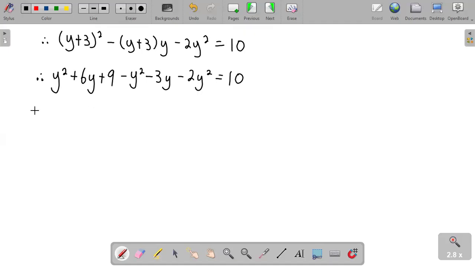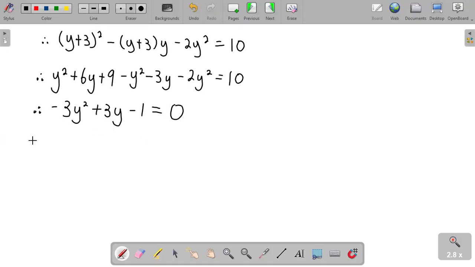So it means therefore negative 3y squared, and then 6y minus 3y is going to be positive 3y, and then 9 minus 10 is going to be minus 1 equals 0.